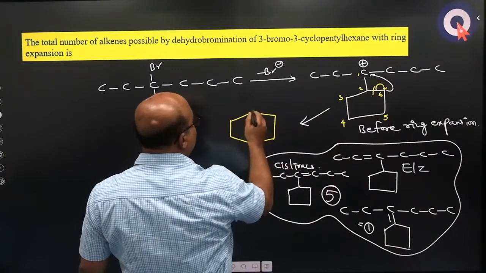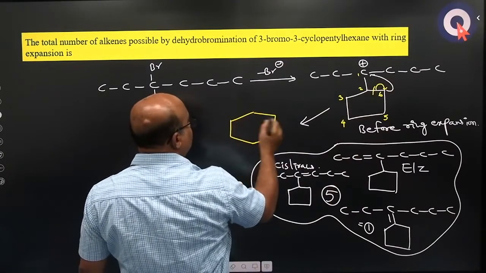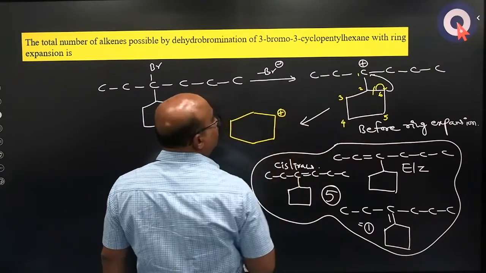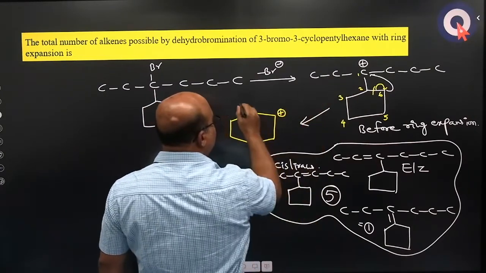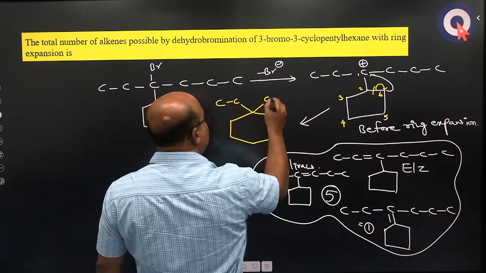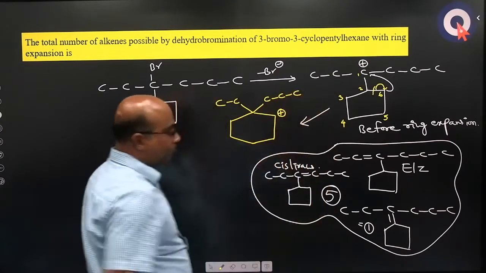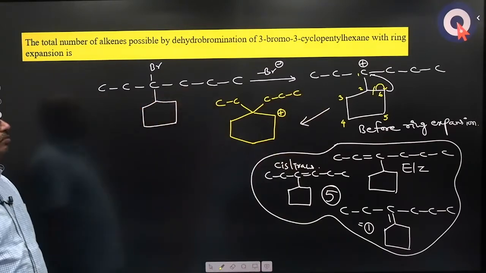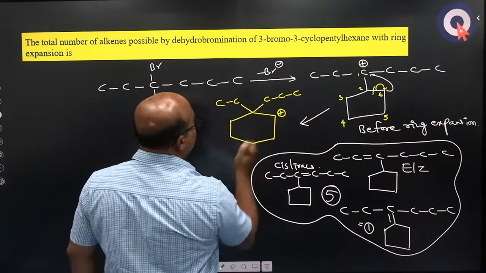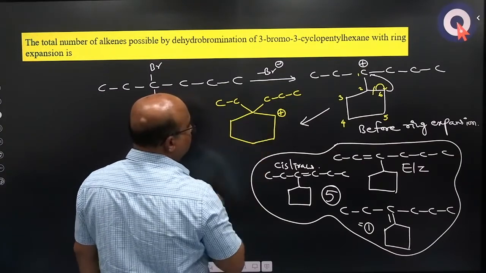If you see this one, this is suppose 6th. The second carbon will have plus. But we now get C2H5 here, and we have CCC. Now, this carbon is a quaternary carbon. This is a secondary.